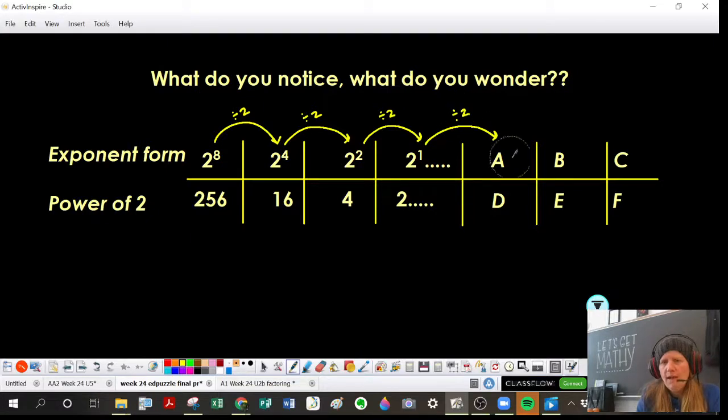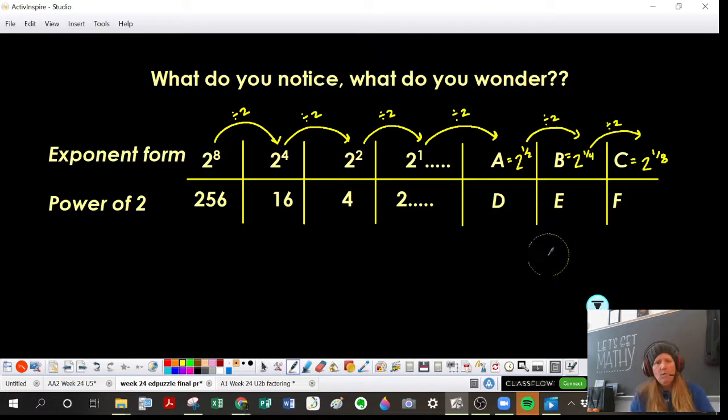That would be 1/2. So A would be 2 to the 1/2 power. What? The exponent is a fraction. Oh, now we're going to divide that by 2 again, and that would be equal to 2 to the 1/4 power. Divide that again, because dividing by 2 is the same as multiplying by 1/2. We get 2 to the 1/8. What in the world is going on?